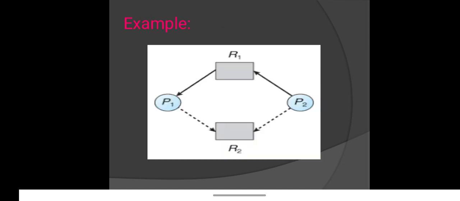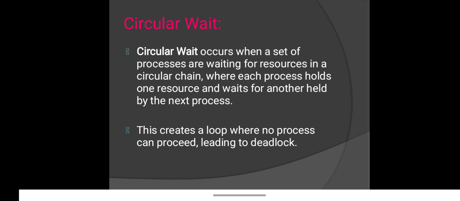And next one, circular wait. Circular wait occurs when a set of processes are waiting for resources in a circular chain, where each process holds one resource and waits for another held by the next process.